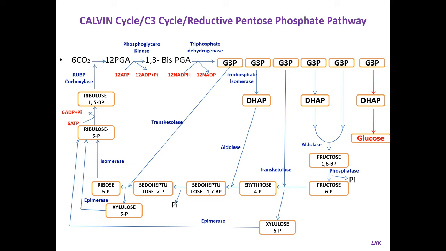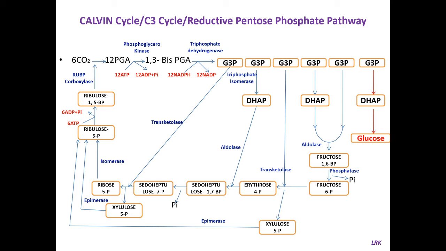Here, hexose formation and sucrose formation occur in the cytosol, since glyceraldehyde 3-phosphate is transported out of the chloroplast via an antiporter carrier system. Glyceraldehyde 3-phosphate and dihydroxyacetone phosphate condense under the influence of the enzyme aldolase, forming fructose 1,6-bisphosphate.